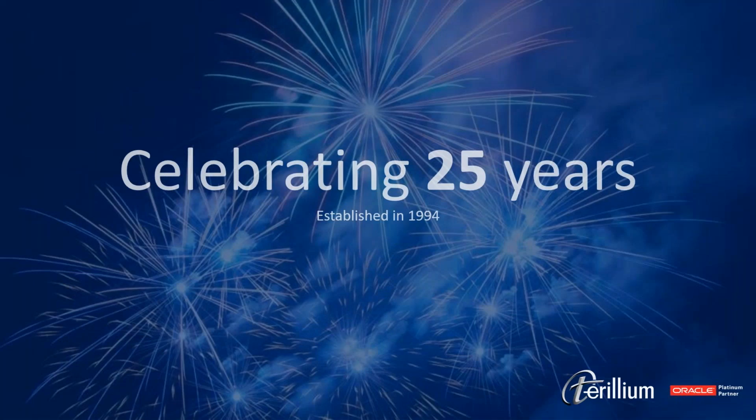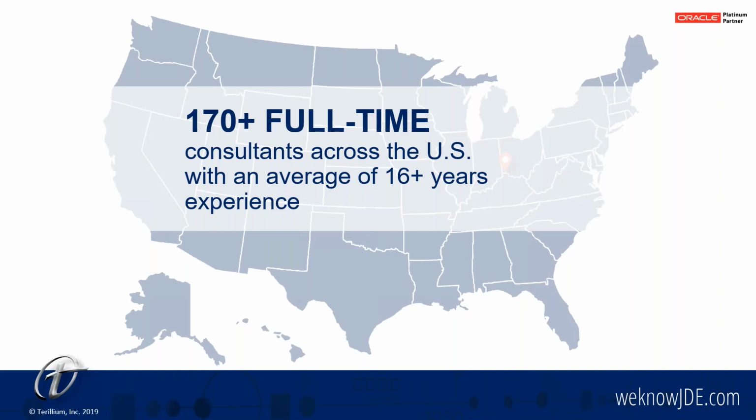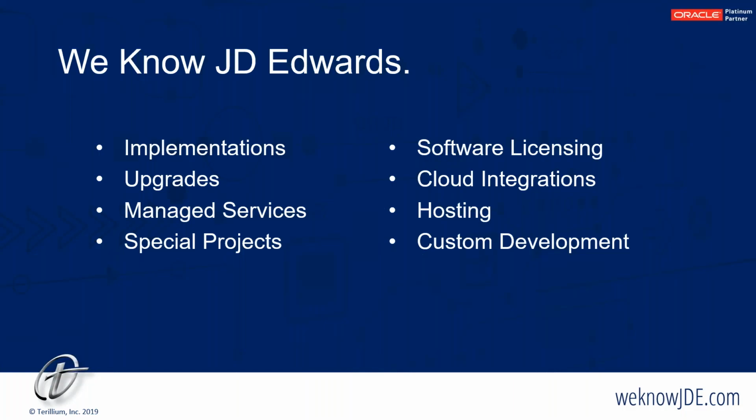From a who we are perspective, just very quick, Terillium has been around for 25 years. This is our 25th year this year. We're very excited about that. We have 170 full-time employees throughout the U.S. And this is very key to us because we are a company that has one direction. We don't have a lot of subcontractors, and a lot of those are people who have been around doing it forever. 16 years is the experience level we have from an average perspective across all of our functional, CNC, and development resources.